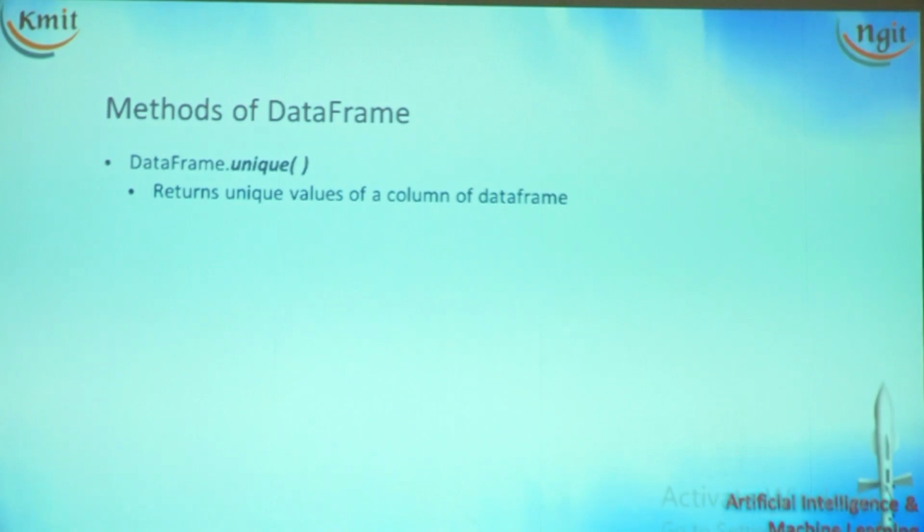Now this is something which is a very important method for us, guys. What does unique help you to do? It returns unique values for a particular column of a data frame. Why would we use this? And is it categorical or? So people are telling me to find out null values.